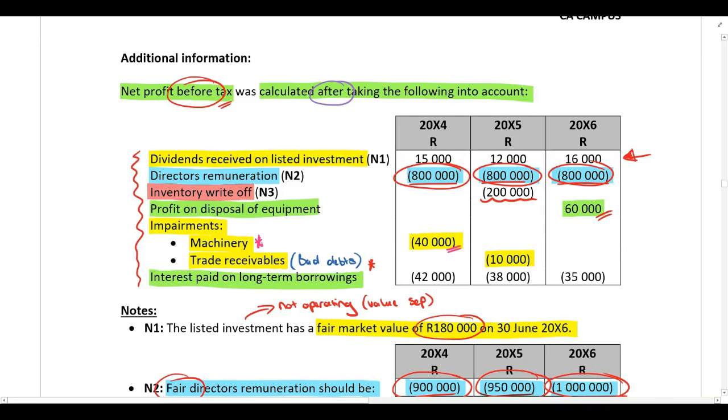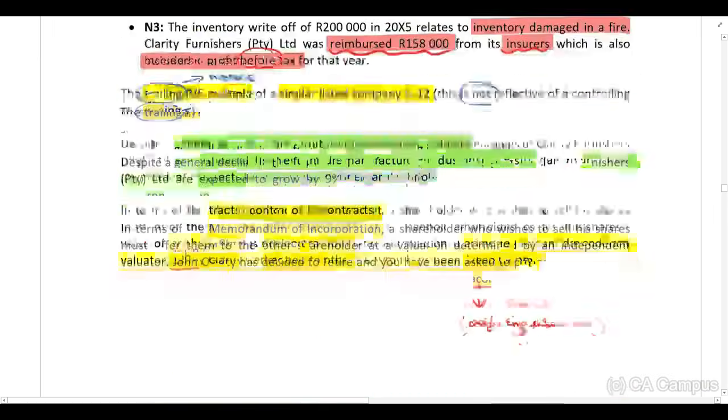If you're a company and you sell on credit, one of the risks of selling on credit is you are going to be exposed to bad debts. So bad debts is something we would expect the company to have again in the future. It's operating in nature, so we are not going to adjust for the impairment to trade receivables.